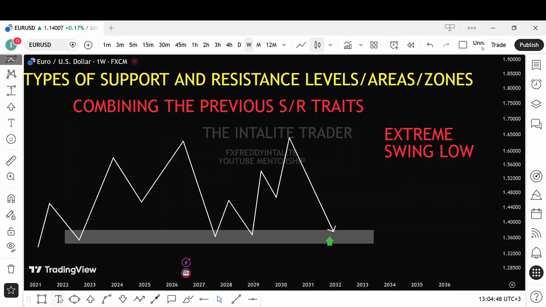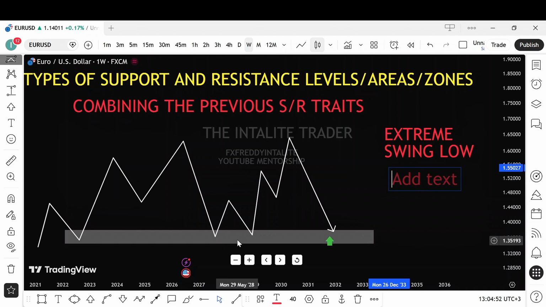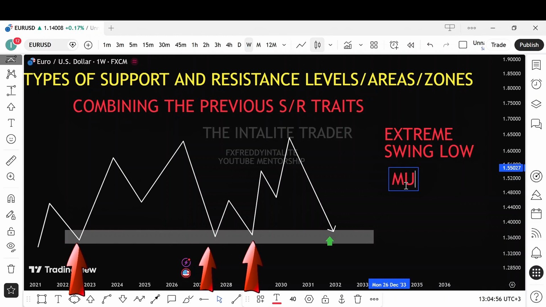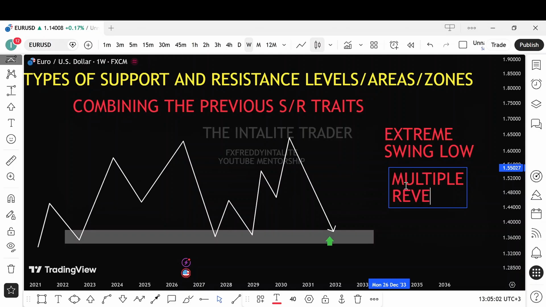Then two, we see this same level has multiple reversals, or what we call bounces or reactions.